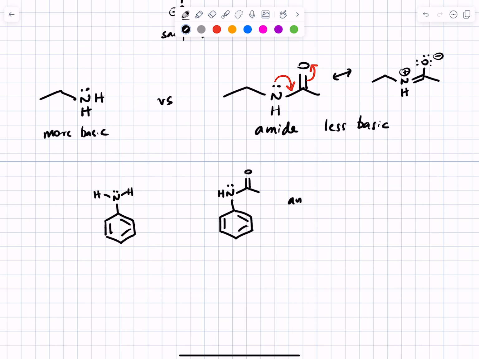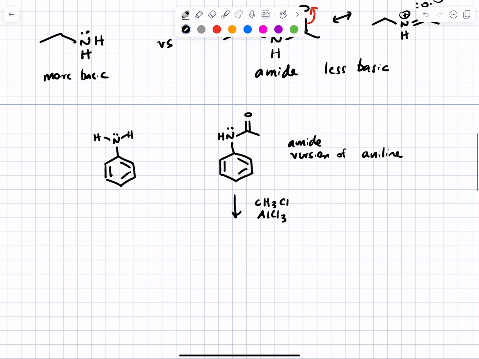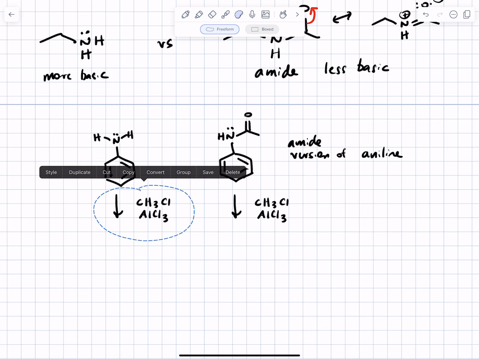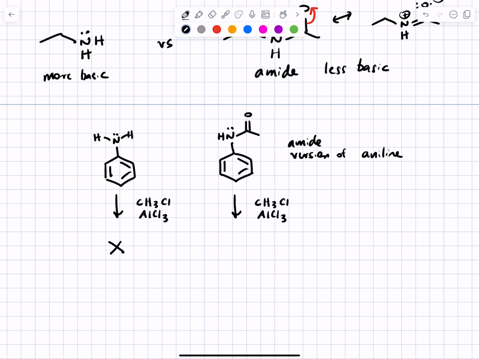Okay, so this is the amide version of aniline, and there's a particular problem on your problem set where you go on to do, and I don't remember exactly what it is, a Friedel-Crafts reaction on that starting material. Whereas if you didn't have the amide there, the lone pairs are too reactive and interfere with the Friedel-Crafts reaction.